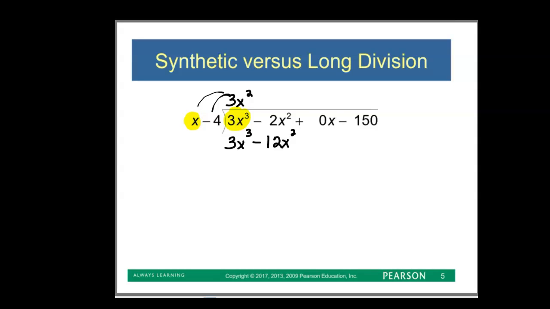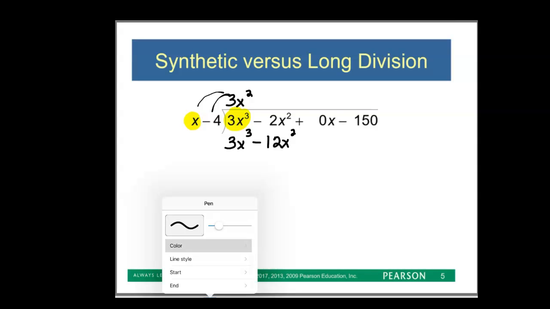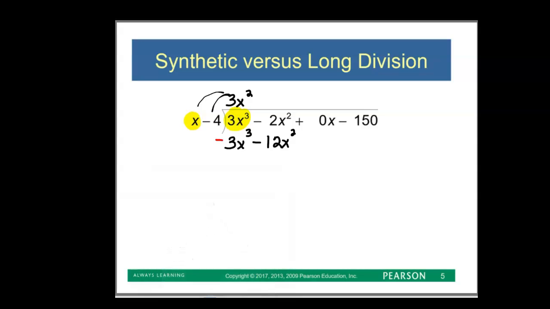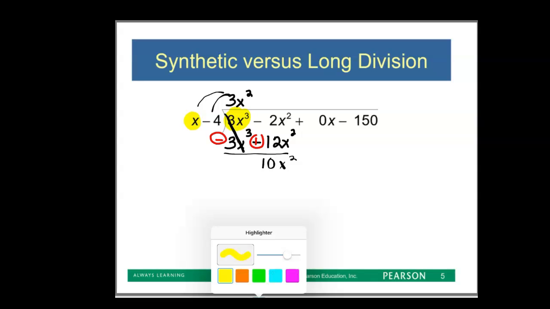When we then subtract, we change the sign on every term of that second polynomial, and then we add vertically. Notice how those first terms zero out, and we're left with just the quadratic terms, 12 minus 2, which will give us 10x squared. And then the process starts over again.